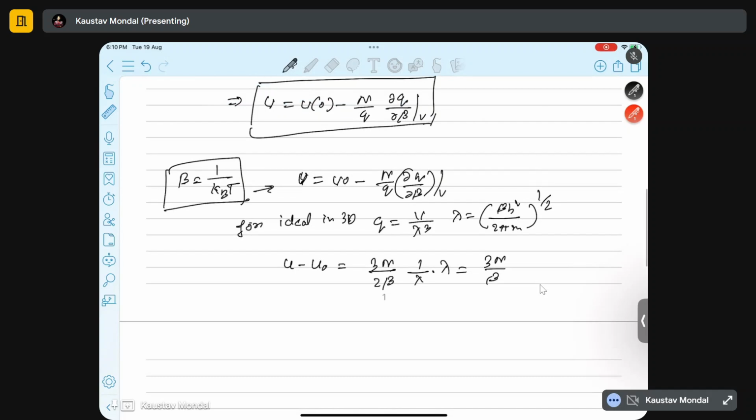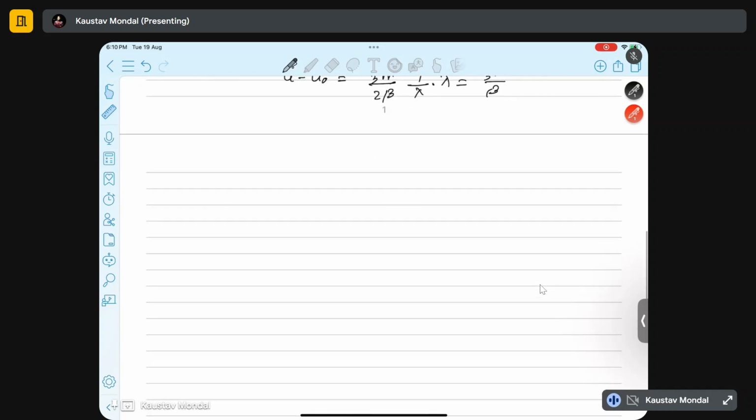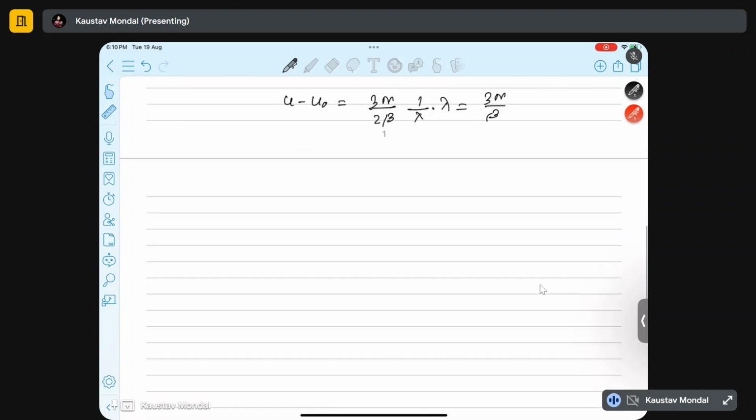And also we know, for a 3D ideal gas, from the kinetic theory of gases, the total energy is 3 by 2 nRT. So in this case, U minus U0 would also be 3 by 2 nRT. This we got from the kinetic theory of gases.